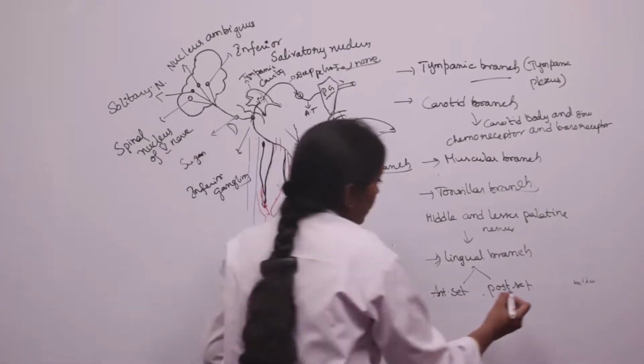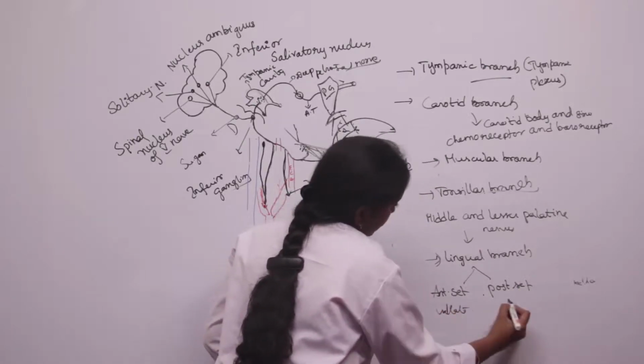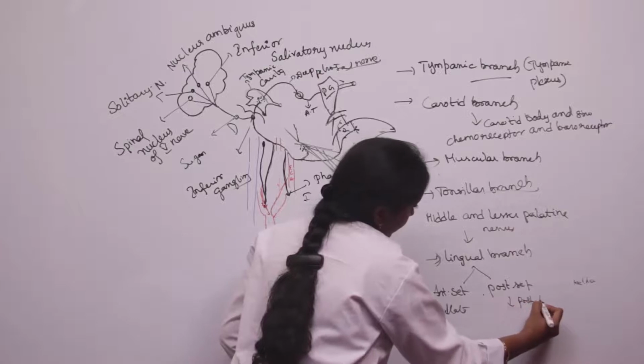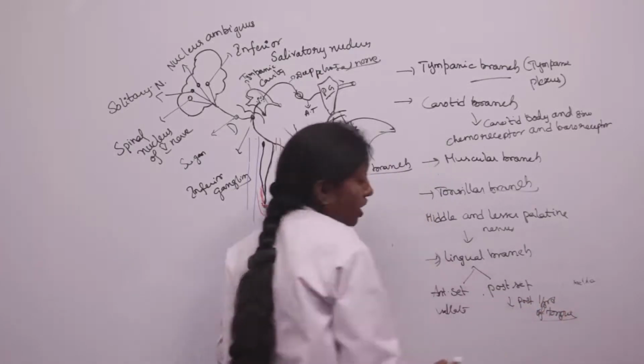So the anterior set supplies the vallate papillae and the posterior set supplies the posterior one-third of the tongue. So these are the branches of the glossopharyngeal nerve.